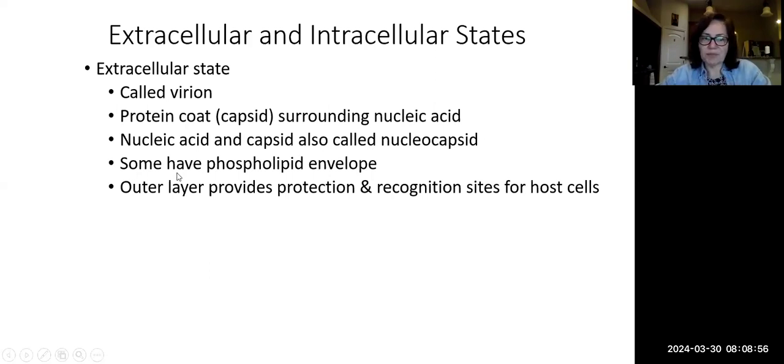Like I said, some of the viruses have a phospholipid envelope, and that's something they've stolen on their way out. This outer layer provides the virus with some protection, but it also has some proteins on the outside that we made for it, that it uses to dock on the next host cell, get into the next host cell.